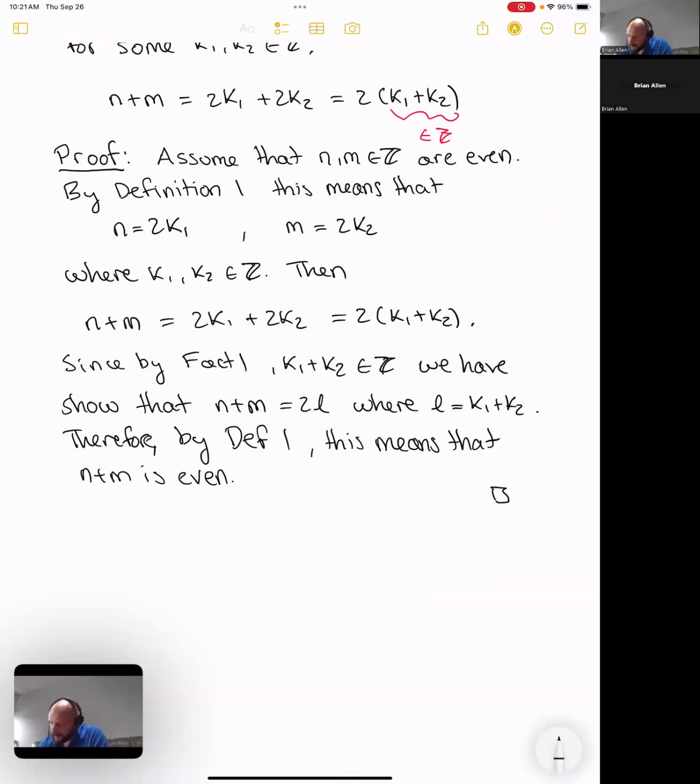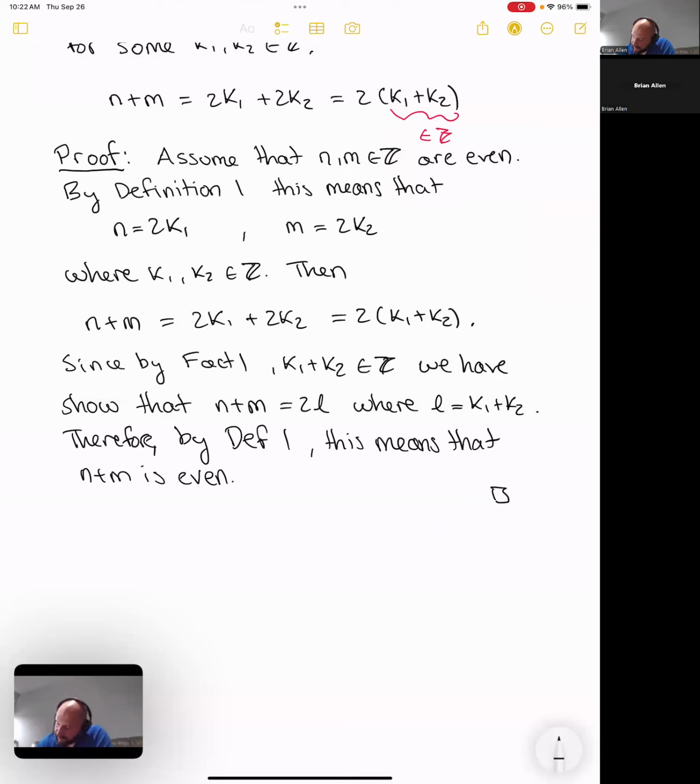Okay, so there's our first proof. It's a short proof. It's good to start with a short proof. And before we move on, I just want to point out a little bit of structure here. So almost every single proof will start by naming some assumptions. So that's what the first sentence did. And then almost always after that, you'll unravel those assumptions by applying some definition. So that's the first thing we did. I state that n and m are integers that are even.